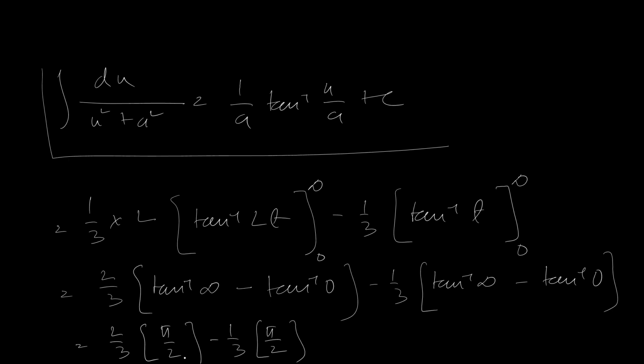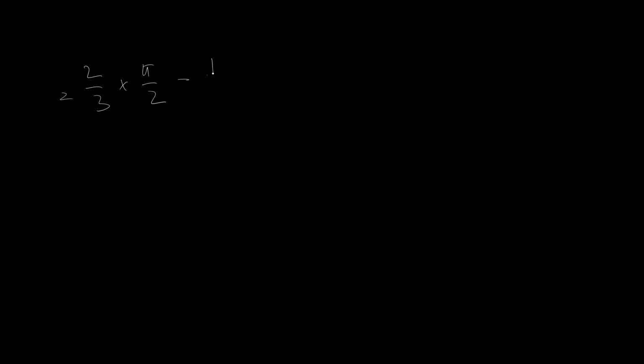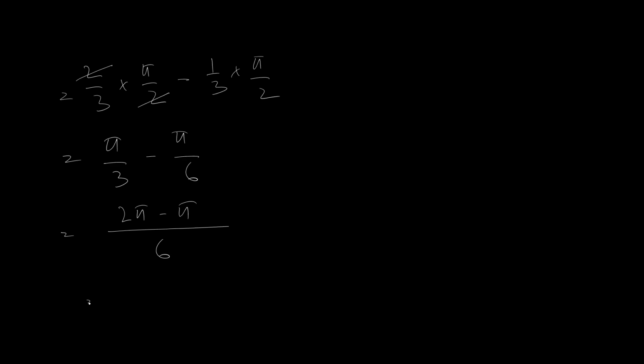So ultimately I will get 2 by 3 into pi by 2 minus 1 by 3 into pi by 2. Okay, so here 2 and 2 cut, so pi by 3 minus pi by 6. If I take LCM, it will be 6, 2 pi minus pi, so ultimately pi by 6. This will be the answer.